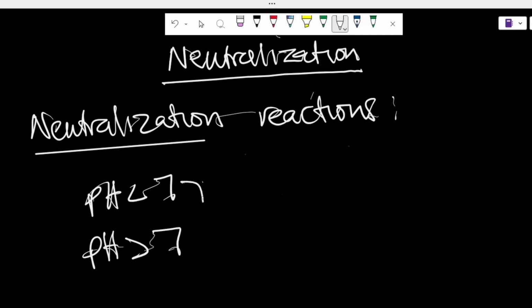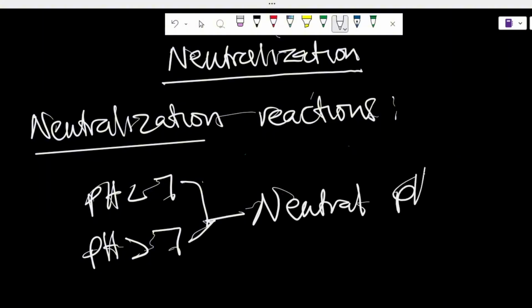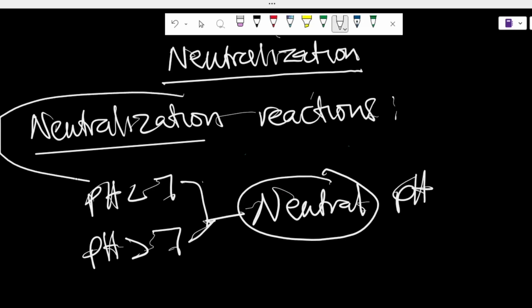Neutralization is about combining the two so that you have a neutral pH. Notice the word neutral. Neutralization simply means that you're trying to make a solution neutral. By reacting two solutions, you get something that is neutral. That is what we mean when we say neutralization reactions.